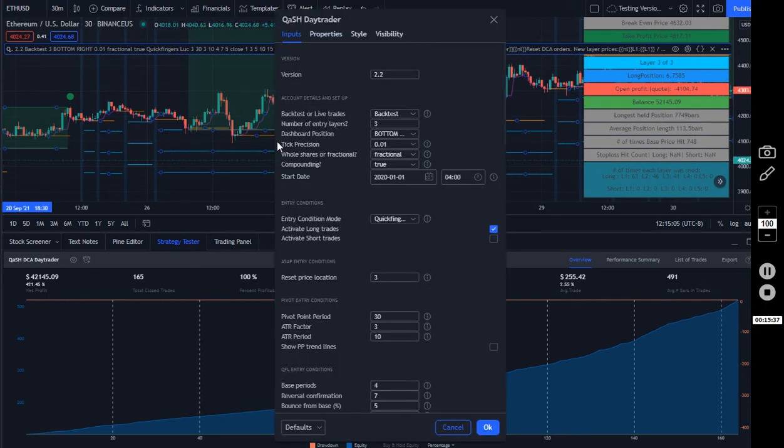So right now we're using the Quickfingers Luc mode, but we also know that we're backtesting on a bull market. Okay, so I'm going to go ahead and see if I can adjust these settings to overfit basically to the bull market.